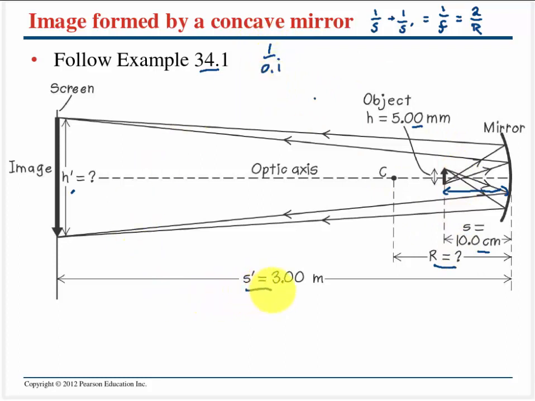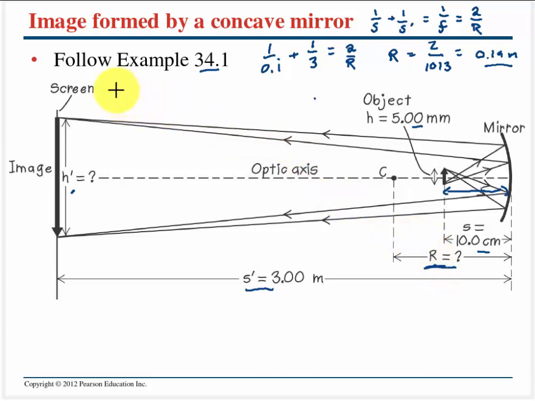We know that the screen is going to be 3 meters away, so 1 over 3. That's going to be equal to 2 divided by the radius of curvature. So the radius of curvature is going to be 2 divided by, 1 over 0.1 is 10, you add a third to that, so 2 divided by 10 and a third, that's roughly 0.19 meters. So we've solved for the radius of curvature here.